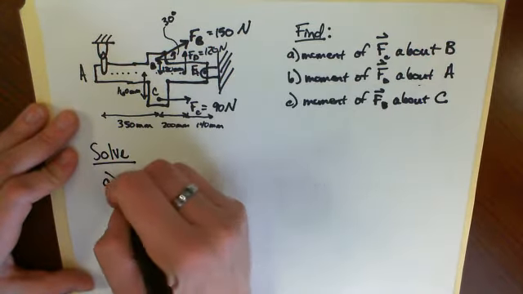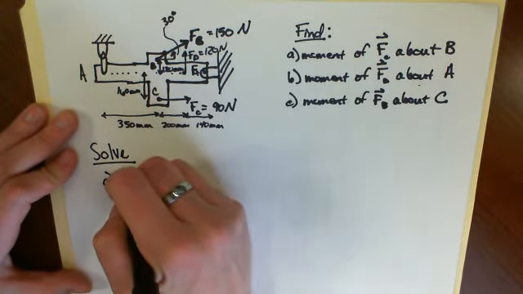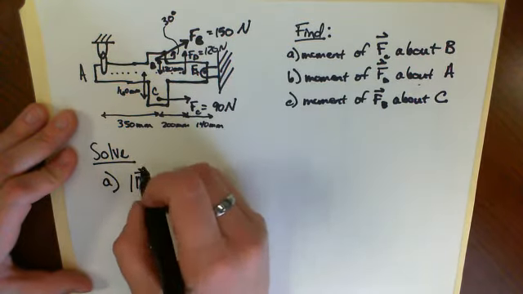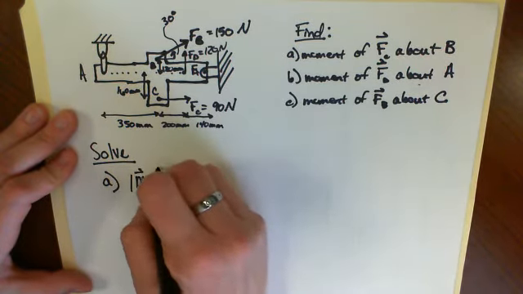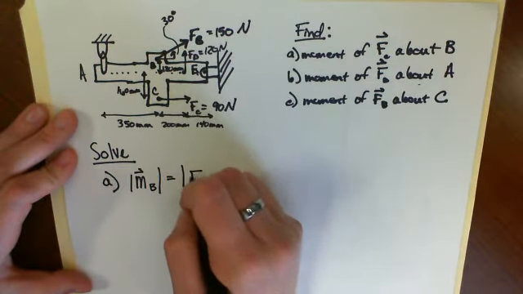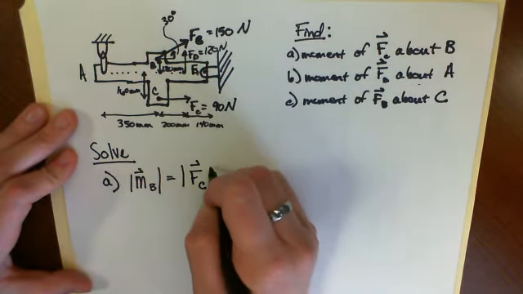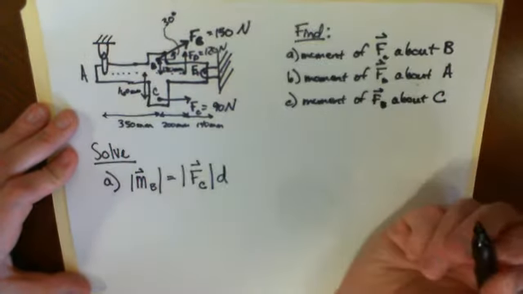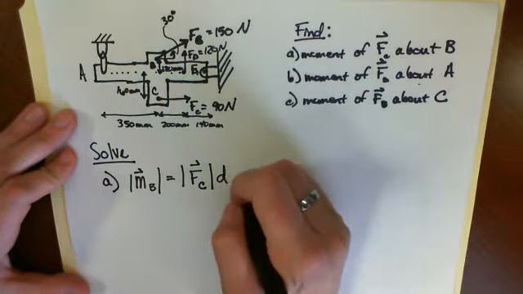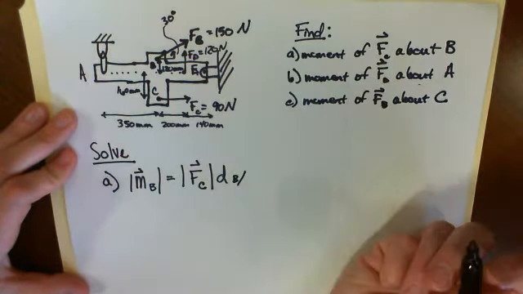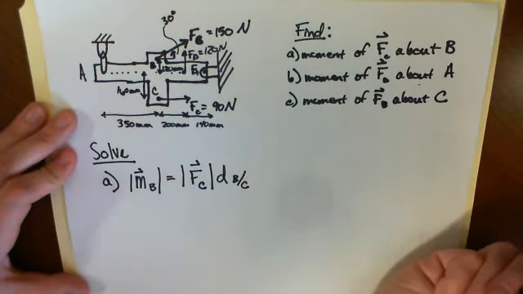If we're being asked to find the moment, we're going to calculate the magnitude of the moment about point B caused by the force at C. So we take the magnitude at C times the perpendicular distance between B, which is our point of origin, and C, the point of application.